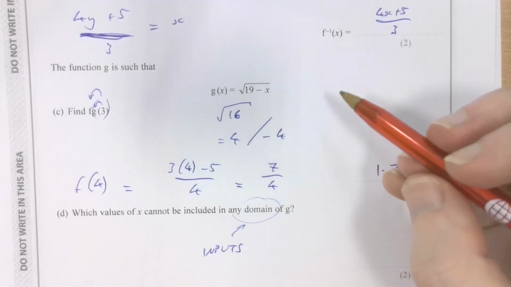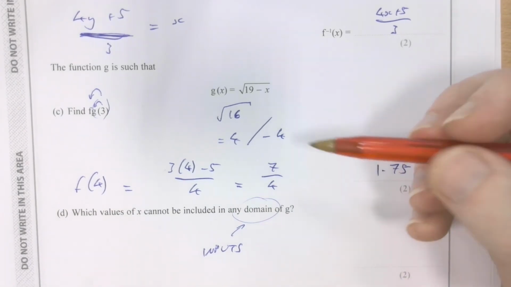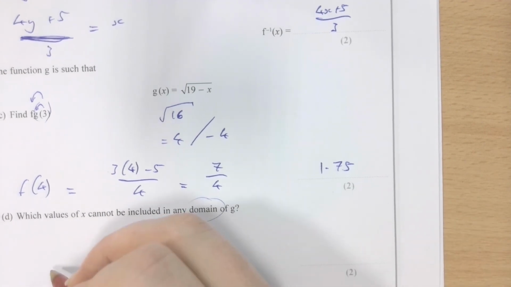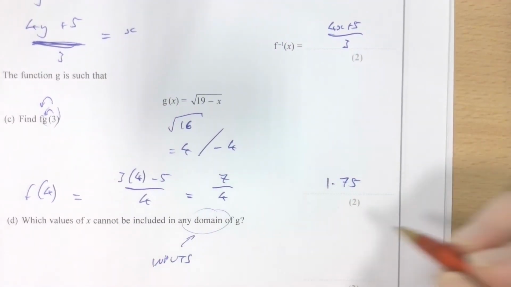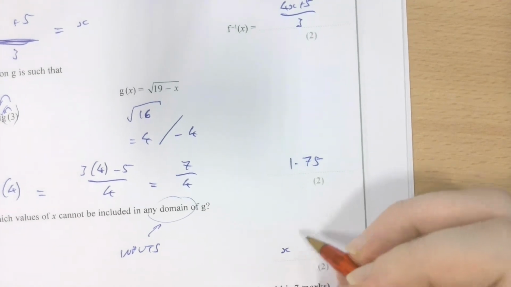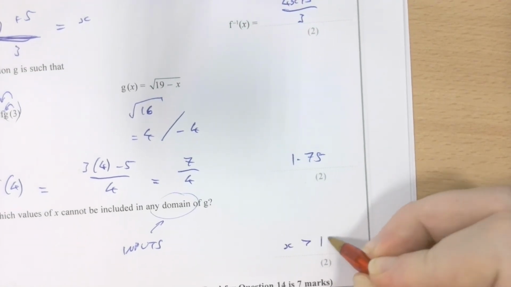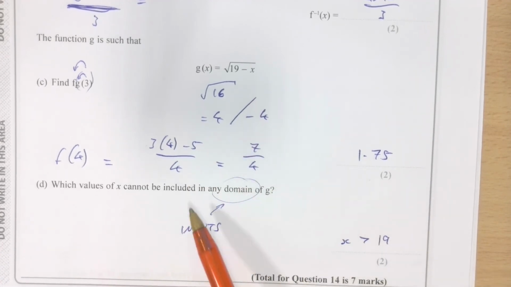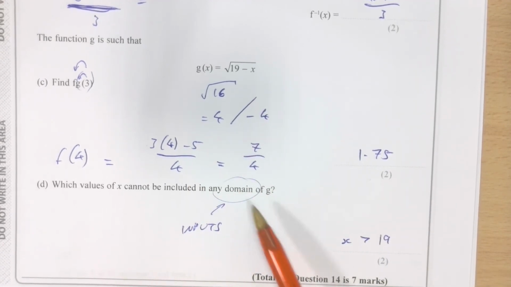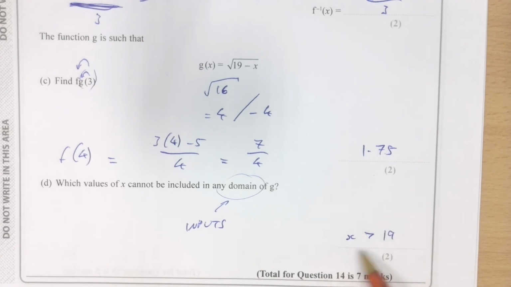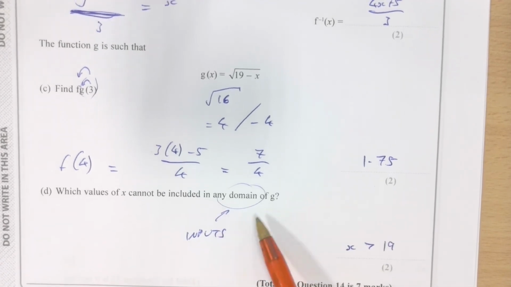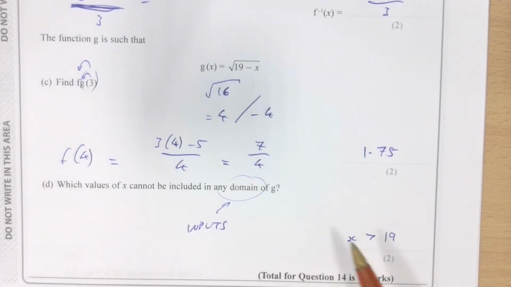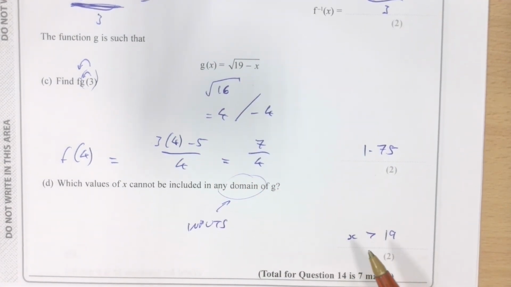You can't find the square root of a negative number yet. Anyway, so because of that fact, I say if x is bigger than 19 for my inputs of x, it cannot be included. Every value of x that's bigger than 19 cannot be included in the inputs because it means that the g function does not work anymore. I hope that makes sense.